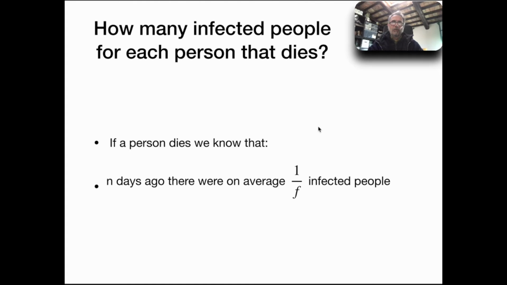And so if you find a person that just died, what can you tell about the situation around you in that moment? What you can tell is that probably on average there were 1 over f people, if the fatality rate is f, that were infected n days ago.